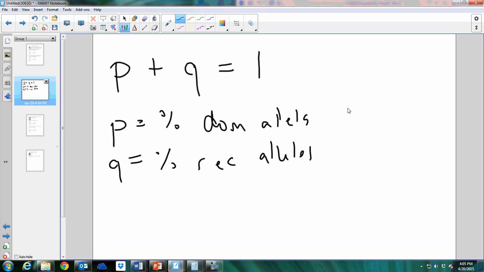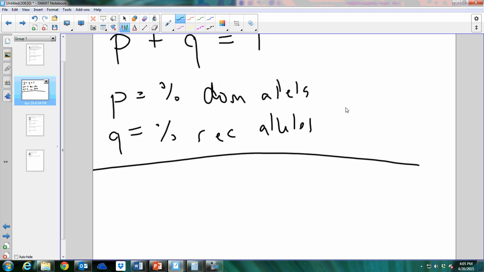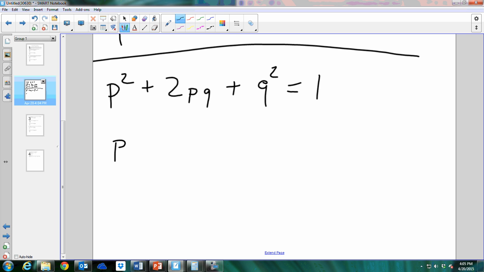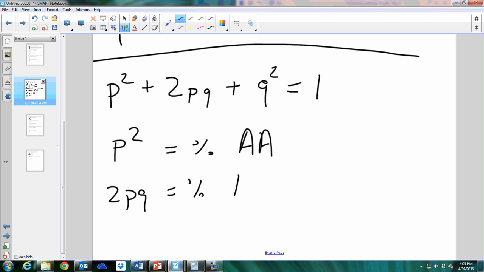And the other equation is p squared plus 2pq plus q squared equals 1, whereas p squared equals the percentage of homozygous dominant individuals, 2pq equals the percentage of heterozygous individuals, and q squared equals the percentage of homozygous recessive individuals.